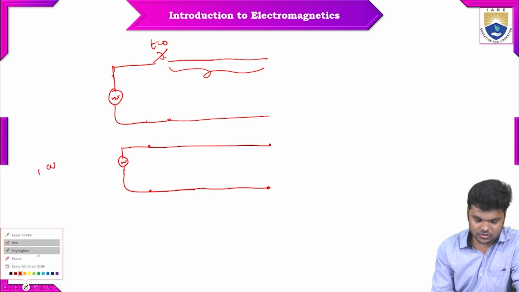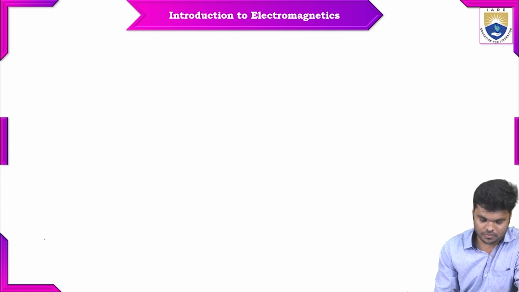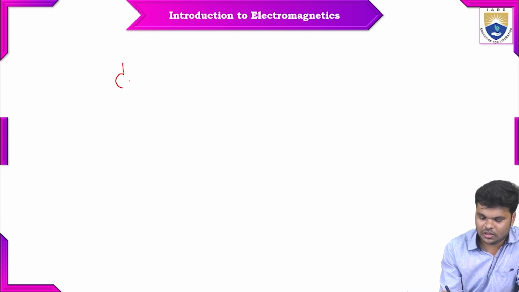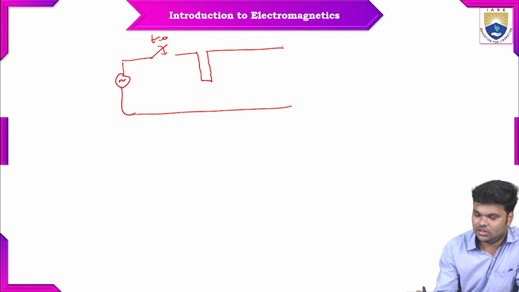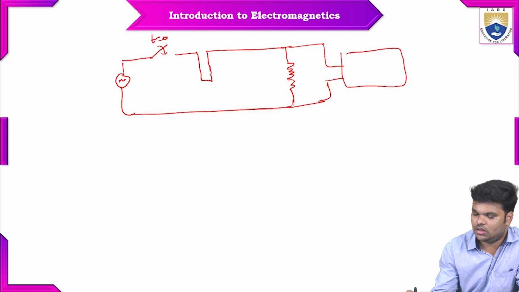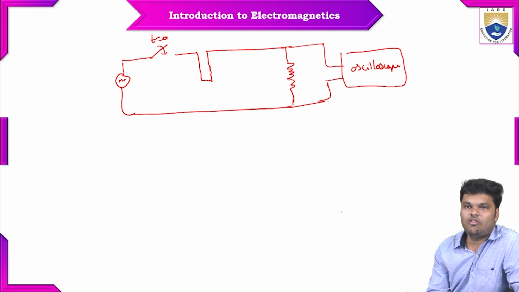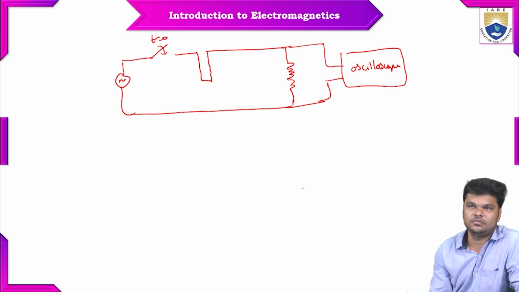And the next one is, if I bend some portion of this wire like this, and connect a resistor in this fashion, then what will be the output across this resistor?